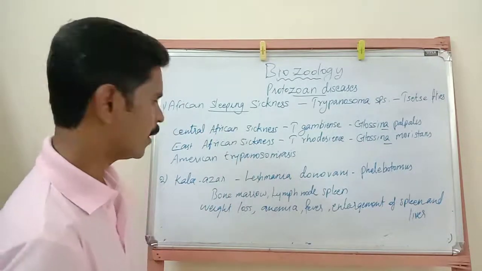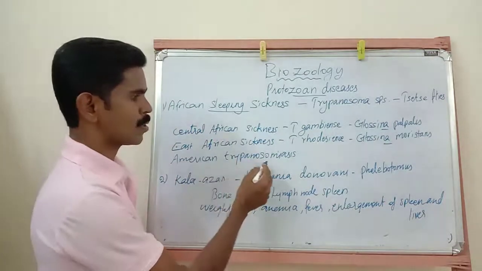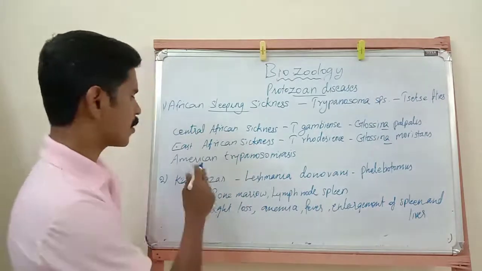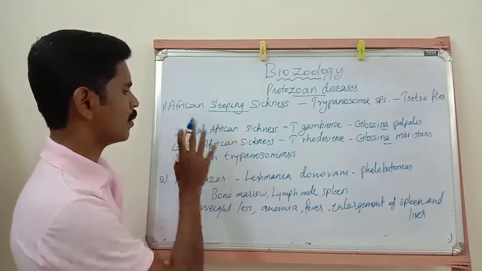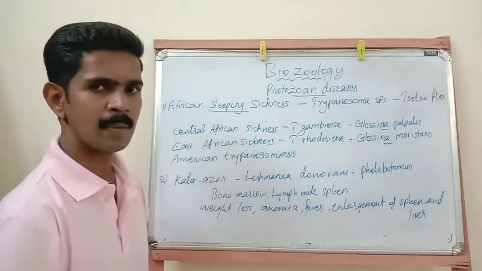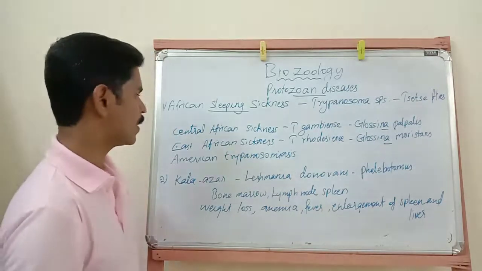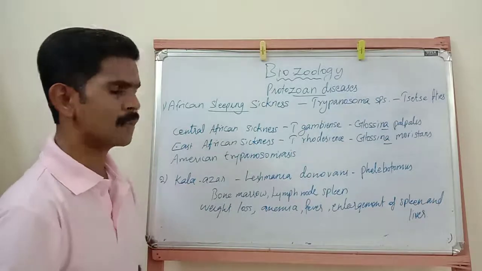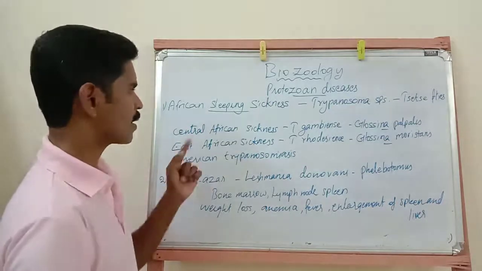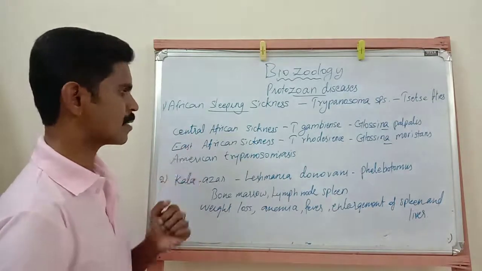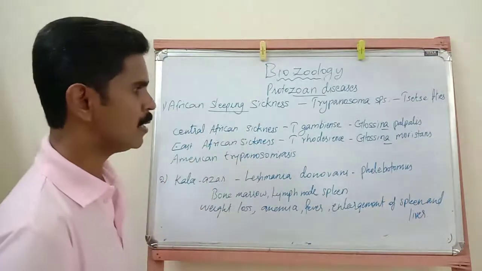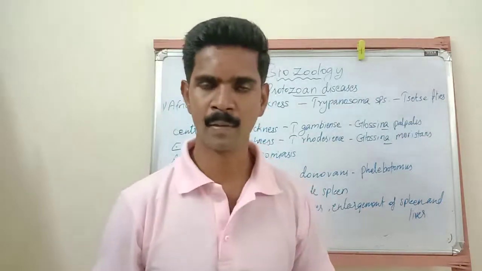Then the last one is American trypanosomiasis. This is also an example of this kind of sickness. So now we completed three types: Central African sickness, East African sickness, and American trypanosomiasis.